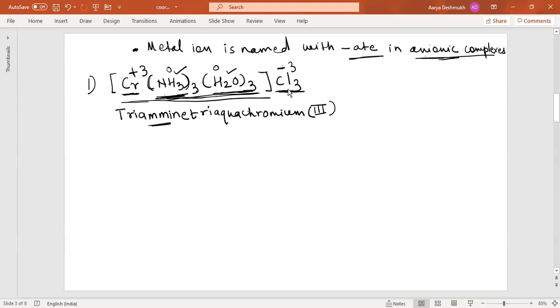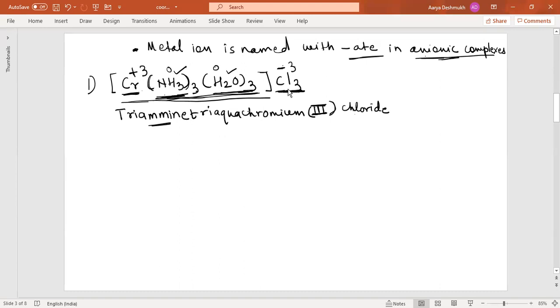So easily you can write here the oxidation state of chromium, and then write chloride. There is no need to write trichloride and so on. This is not at all required, because the oxidation state of this metal ion itself gives you an idea that there should be three chloride ions to balance the charges.